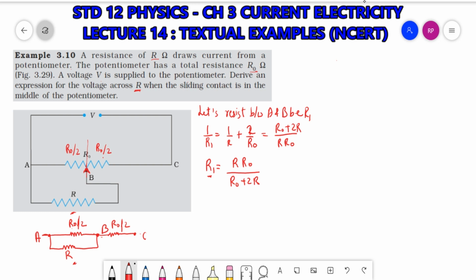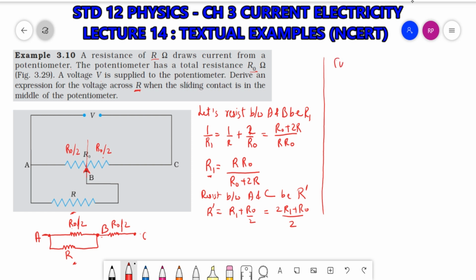So the total resistance between A and C, let's call it R dash, will be equal to R1 plus R0 by 2. Clear?